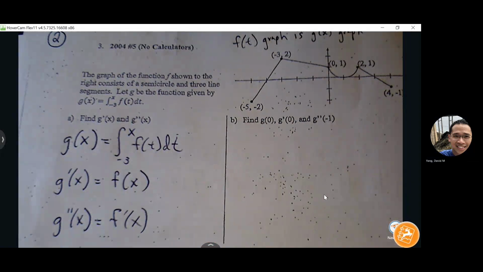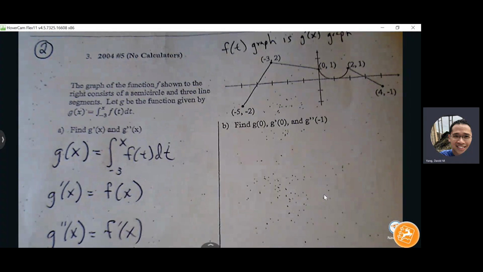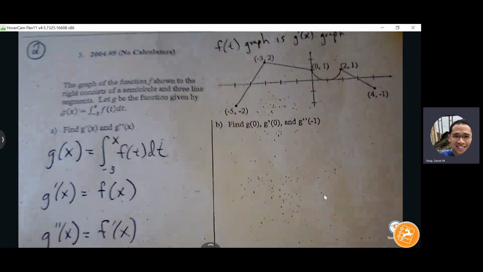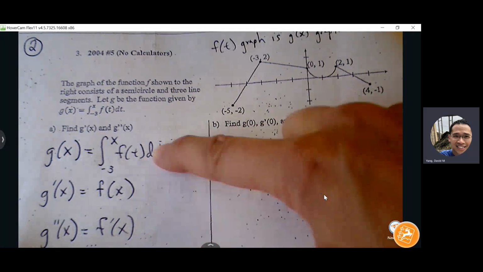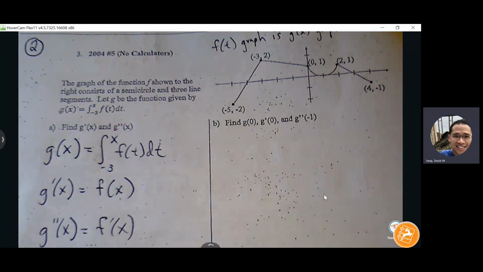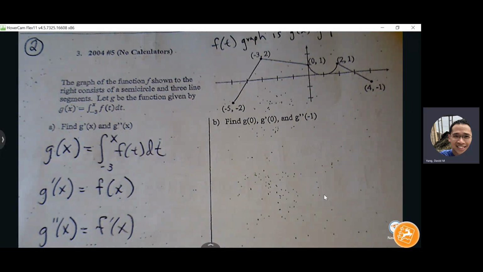We'll also pull some information from first semester. They're staggered: g is the antiderivative of f, g prime is f, and g double prime is f prime.